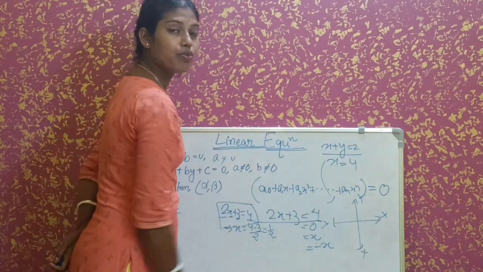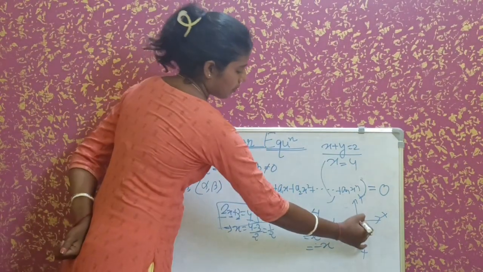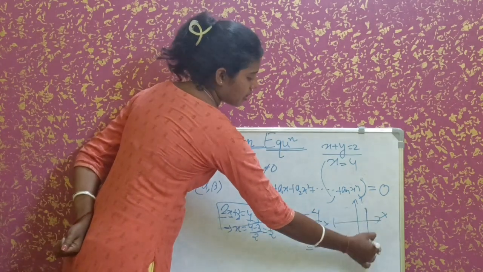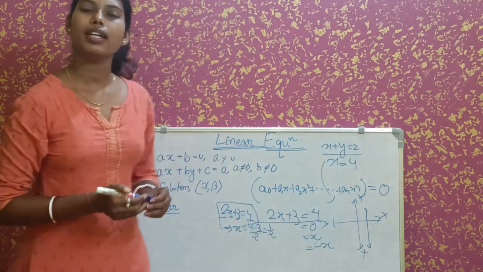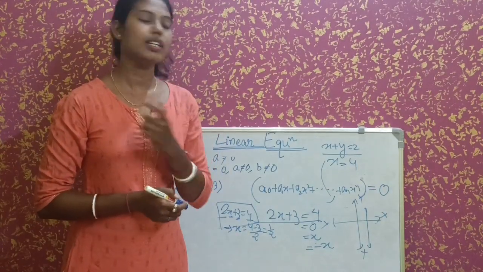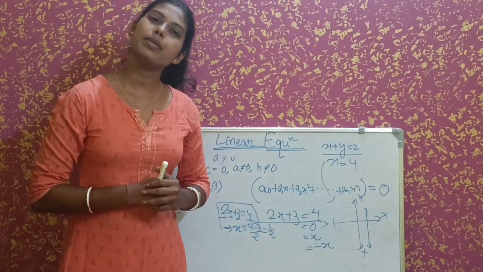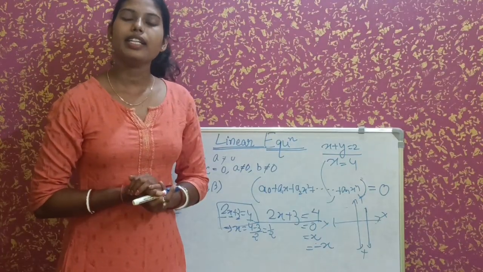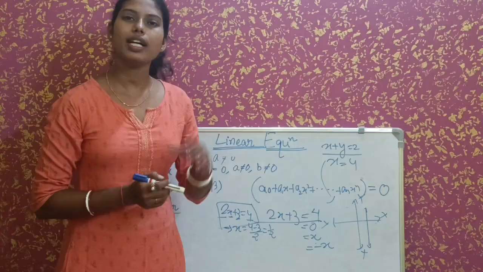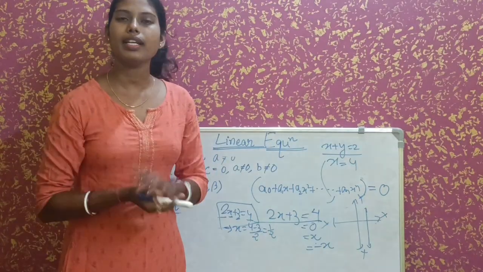Now x equals 4 means which line? Approximately there. This represents x equals 4. So any linear equation always represents a line. That is why this type of equation is called a linear equation, and vice versa.